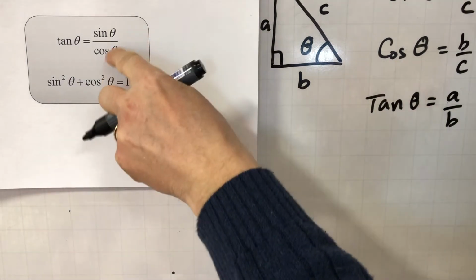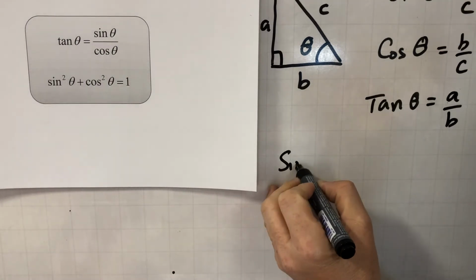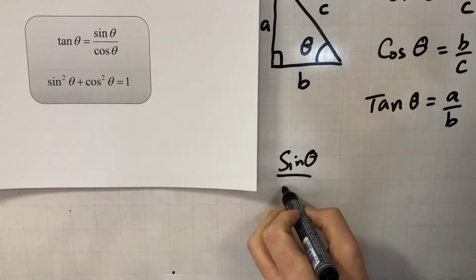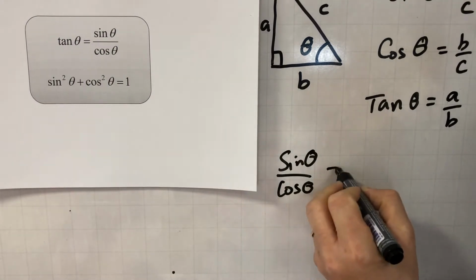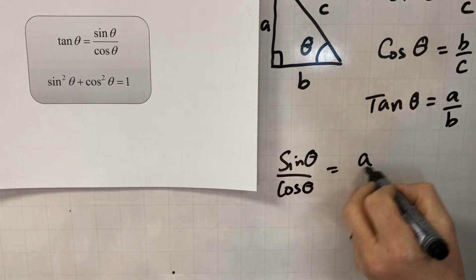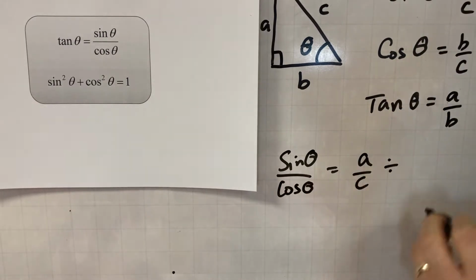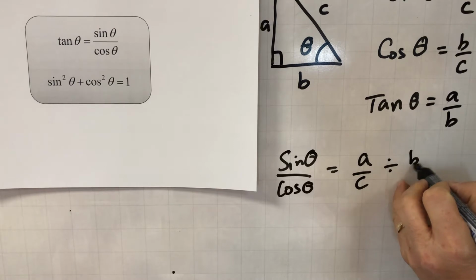Now, if I was to look at that division as given, sine theta divided by cos theta, well, sine is that fraction divided by cos is that fraction.